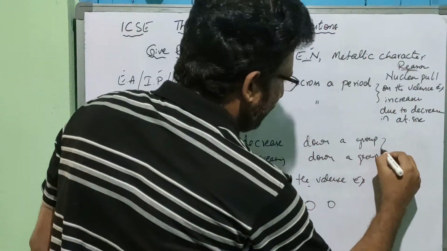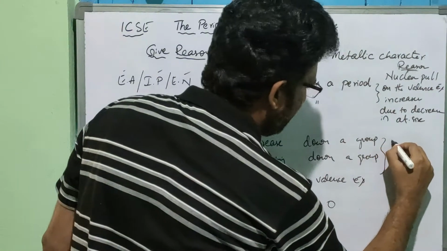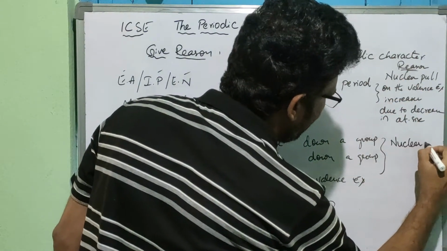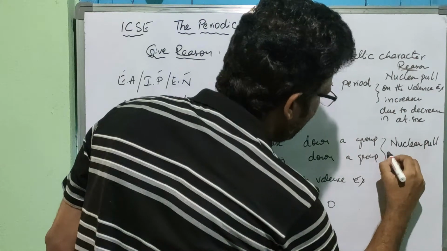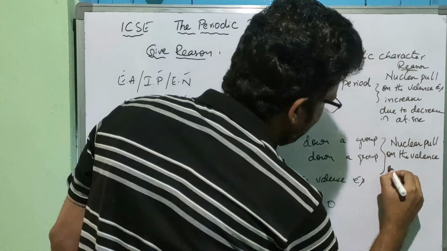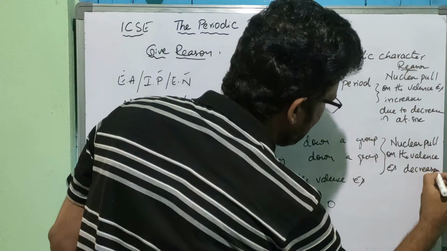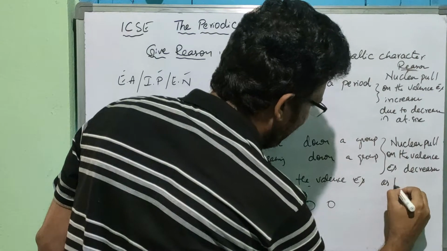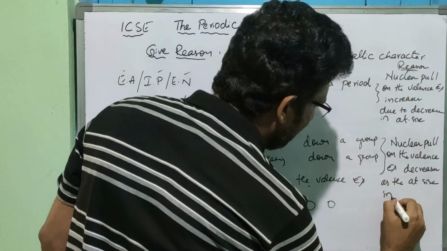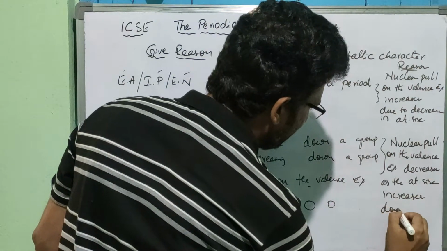So for the reason, you can write the same factor here also, that is, nuclear pull on the valence electrons decreases as the atomic size increases down the group.